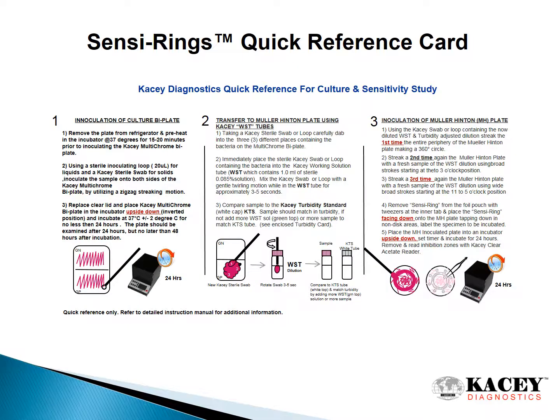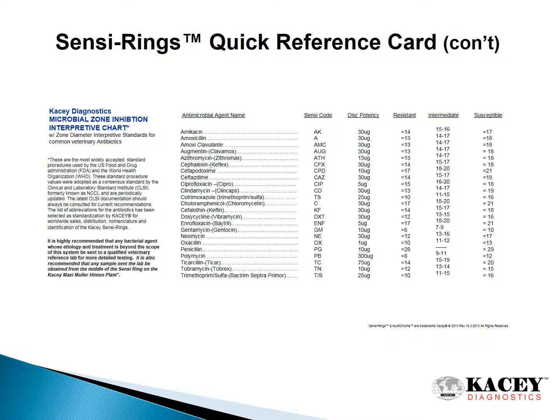SensiRing quick reference cards. These handy cards break down the process into 3 steps. These can be found in the Quick Starter Kit and are also available directly from Kacey. SensiRing quick reference cards continued.